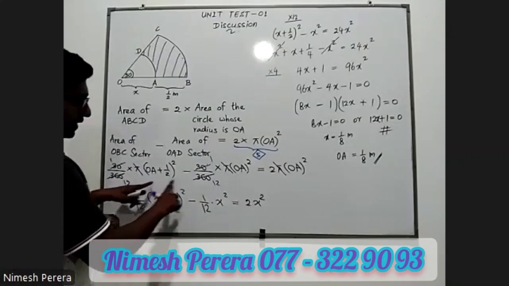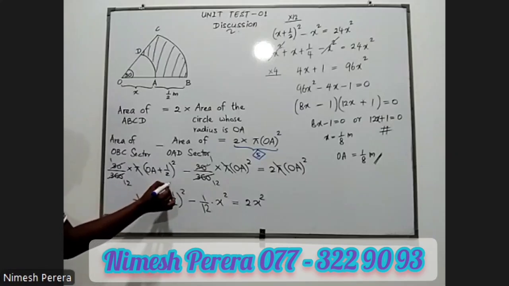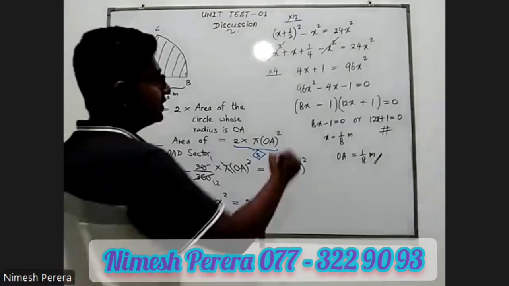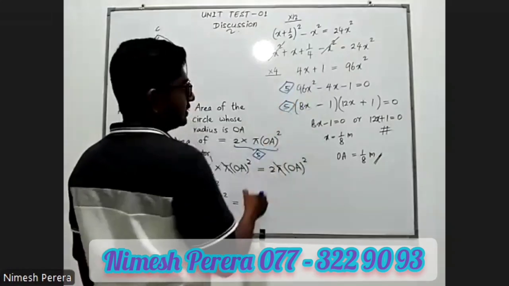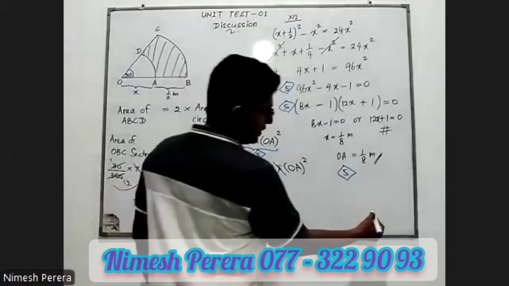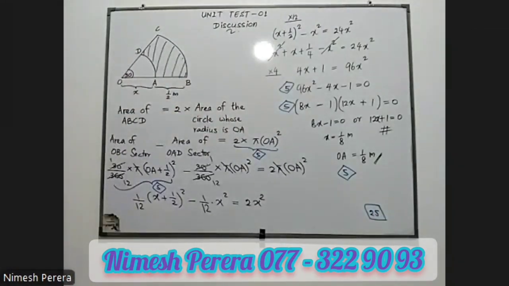For writing the area of these two sectors properly, you will get another 5 marks. Then for obtaining the quadratic equation properly, 5 marks. Then for factorizing, 5 marks. For obtaining the final answer, 5 marks. For this entire question, you should have 25 if everything is correct.